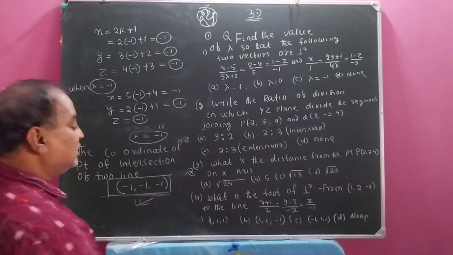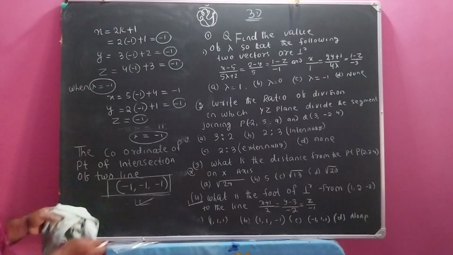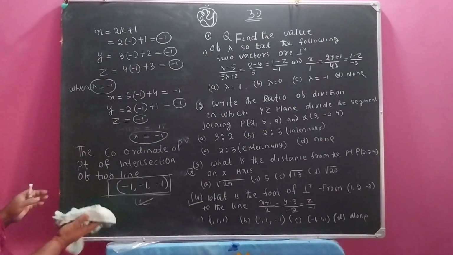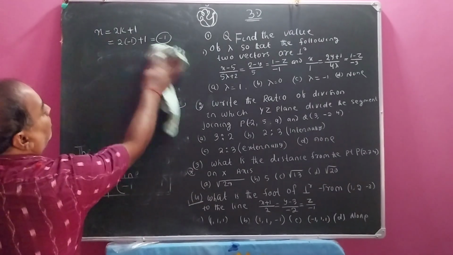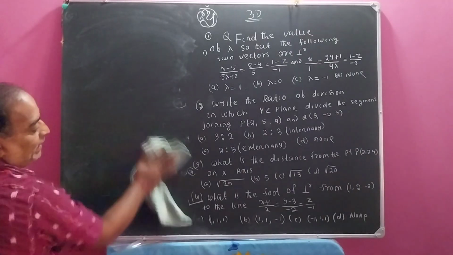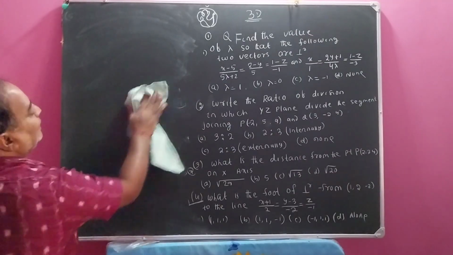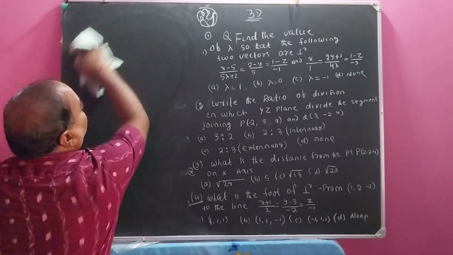Now we have to discuss question number 4. Write down question number 4. What is the foot of the perpendicular drawn from point 1, 2, -3 to the line? Okay, foot of the perpendicular.